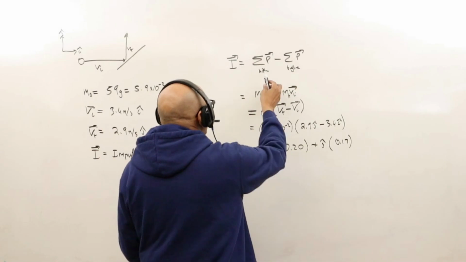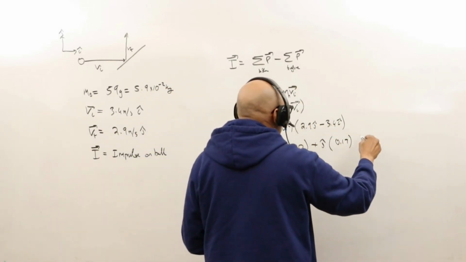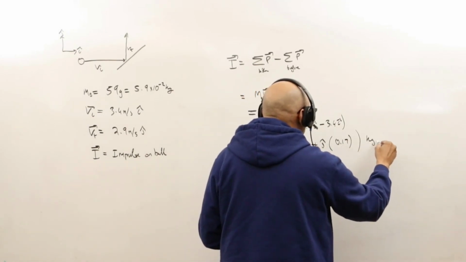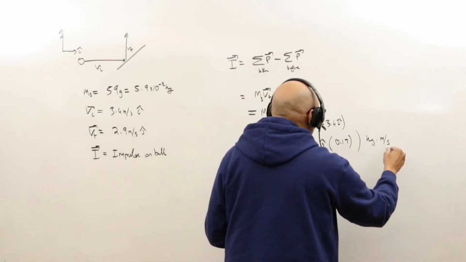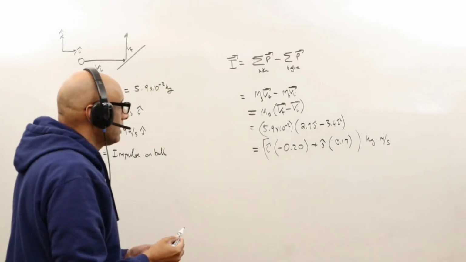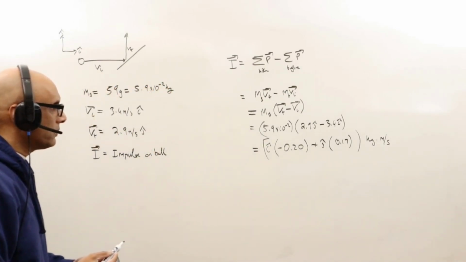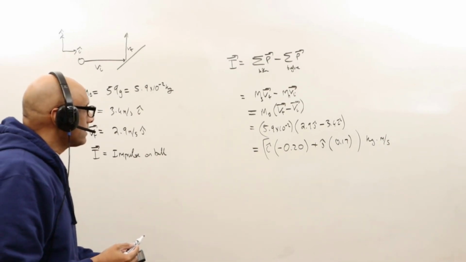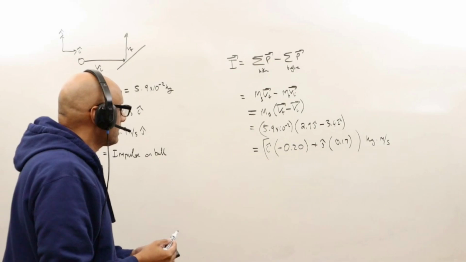Impulse has units of momentum, which are kilogram meters per second, natural units of kilograms, meters, and seconds. So the impulse is a vector.